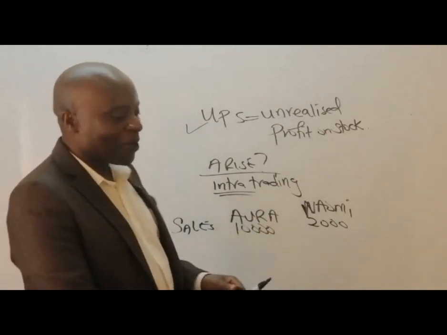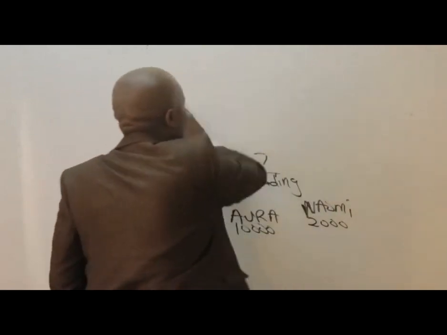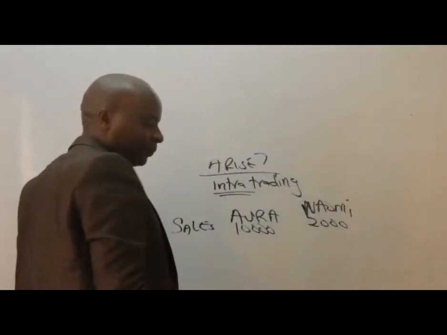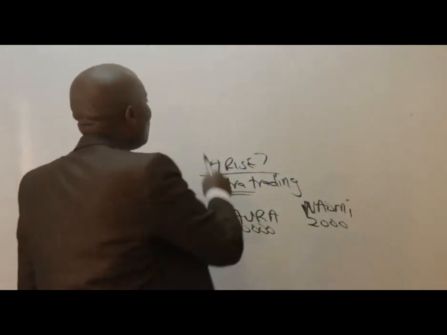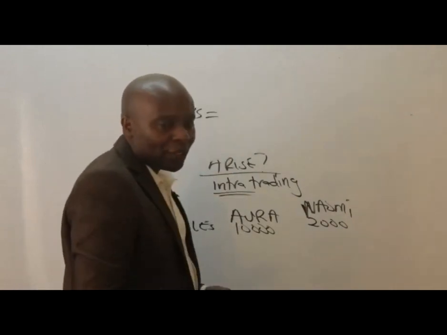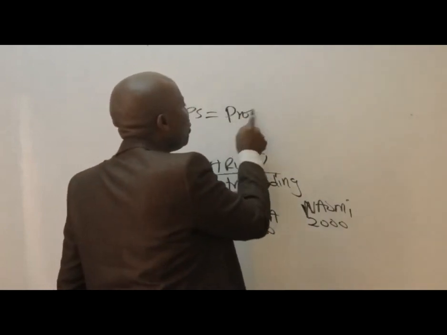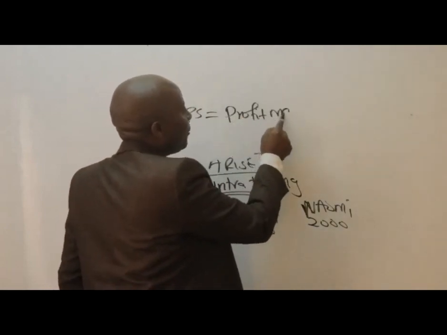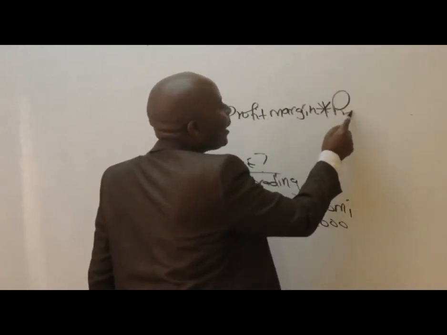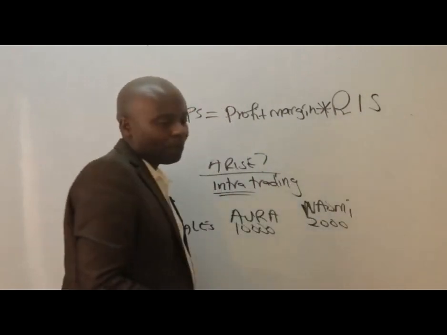Now, listen, how do we get this UPS? This is very interesting. To get UPS, we normally take profit margin times remaining intra-sales.